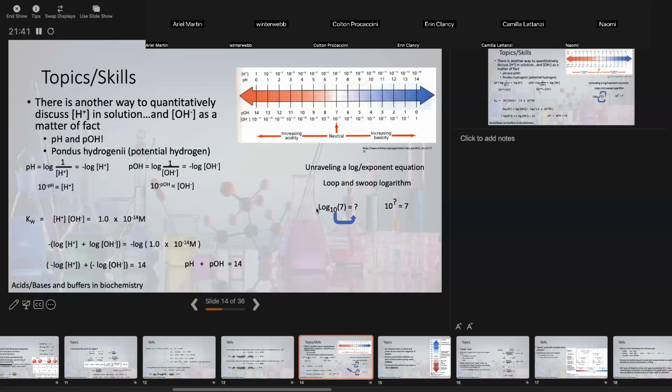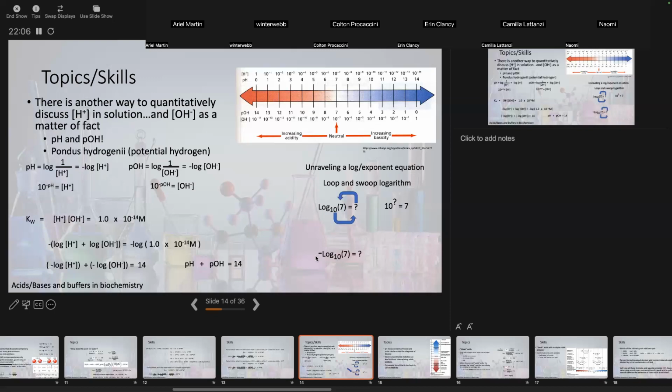So we take 10, the base of our log, raise it to the question mark as far as an exponent goes, and then we swoop and set that equal to 7. So 10 raised to the question mark equals 7. And that's going to be useful using log for some of the equations we have coming down the pipeline.